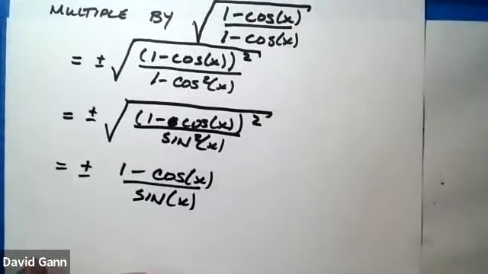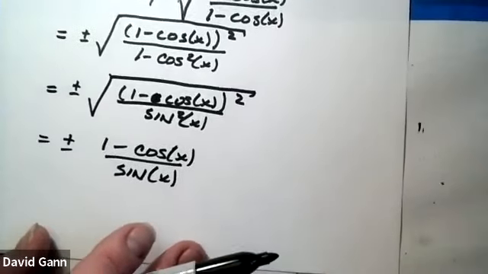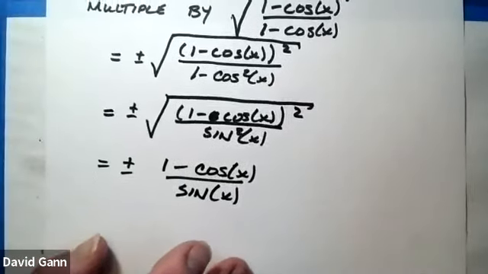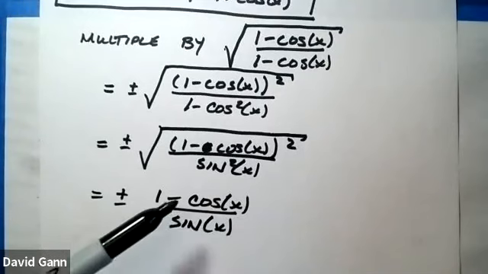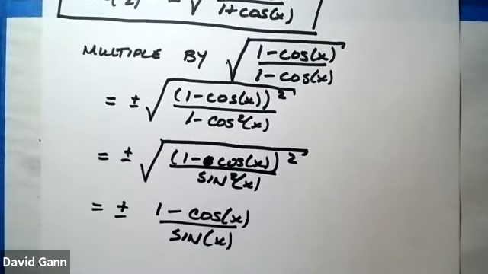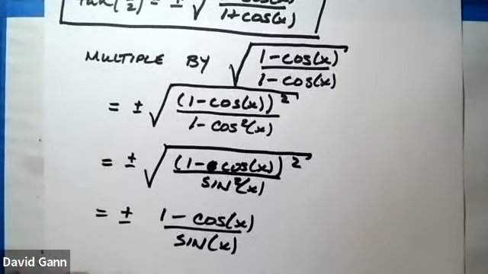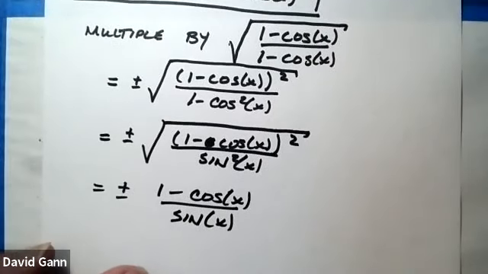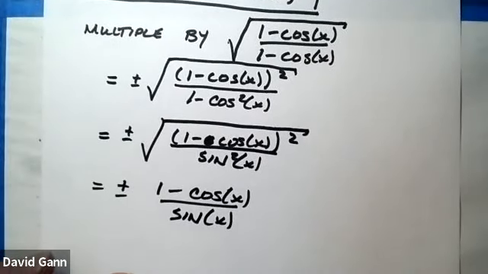And I'm going to make this sort of sidebar argument here because it has to do with the sign of this term. It turns out that the sign is right for whichever quadrant x happens to be in, at least if you're not dealing with really crazy values.